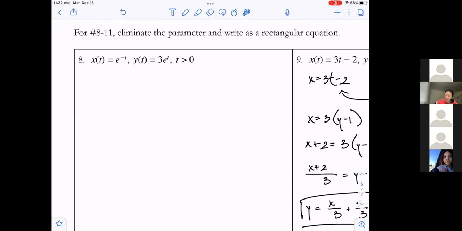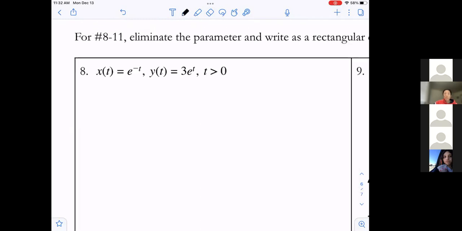Are you saying that we should rewrite this one, the x one? Okay, so maybe we don't remember a lot about e's, maybe e's scare us, but maybe one of the things we do know is what to do when we have a negative exponent, right? So we could write this as x equals e to the negative t, or x equals 1 over e to the t, right?